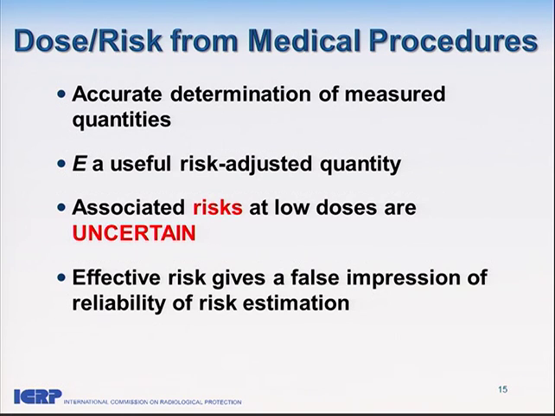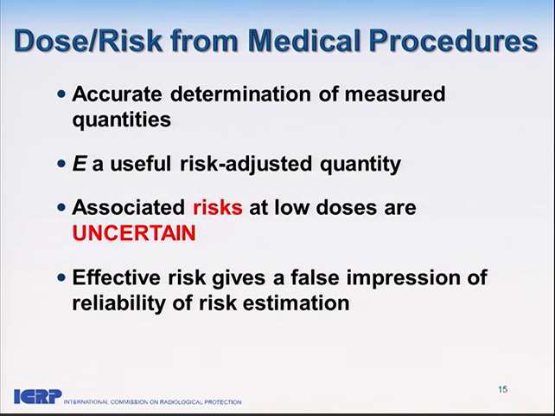So I think this comes back to the fact that we can measure the dose accurately, but we don't know the risk with certainty, and obviously with increasing uncertainty the lower the dose. So say effective dose is a useful risk-adjusted quantity, but we know that the associated risks at low doses are uncertain.